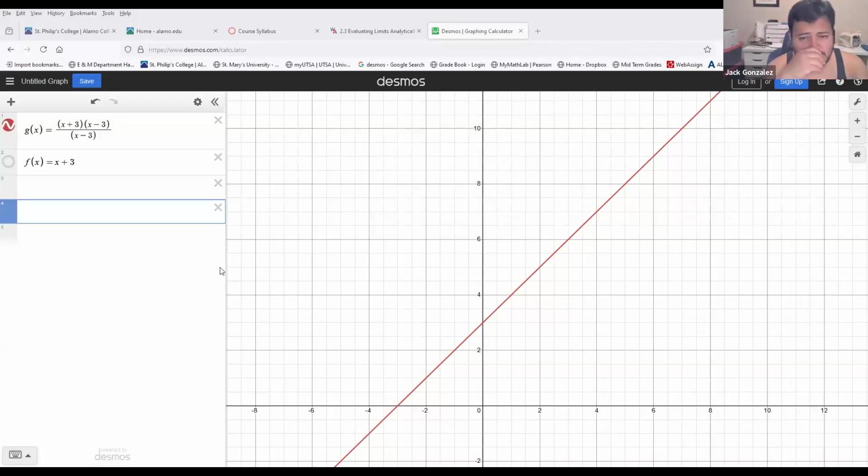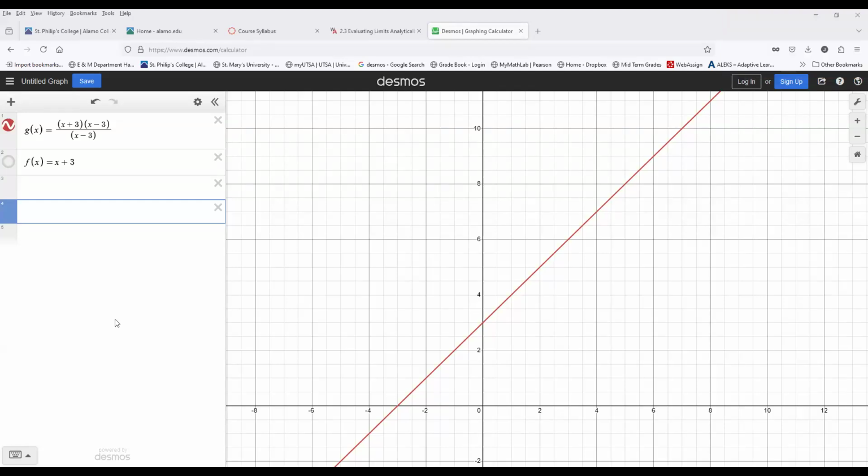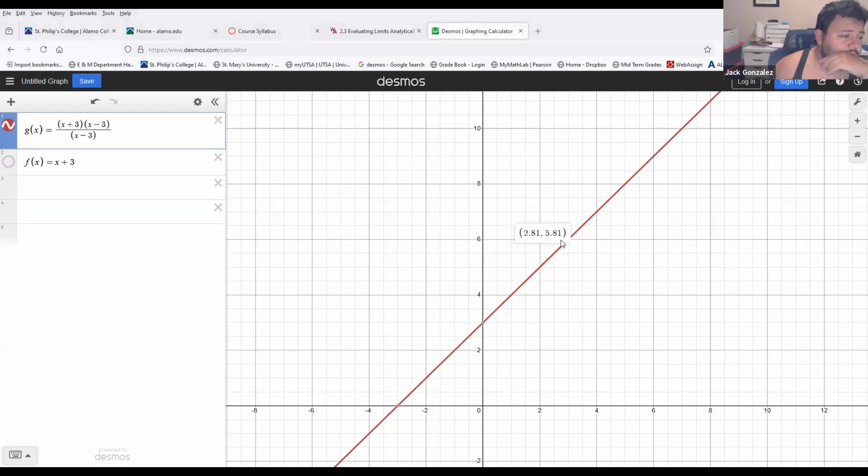Do you remember domain and ranges of functions? You know, when you did the composites, the f of g and g of f back in college algebra. So the domains of f and g will differ because of the way they're composed. This is composed of more than one function where f is not. So graphically they look almost the same, but the domains are different.